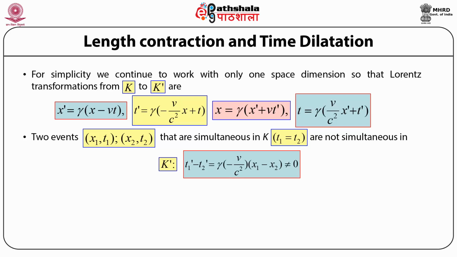The reason for this is that if we do a Lorentz transformation of t₁ to t₁′ and t₂ to t₂′, then we have t₁′ − t₂′ = γ(−v/c²)(x₁ − x₂), and this is not equal to 0 for x₁ not equal to x₂.